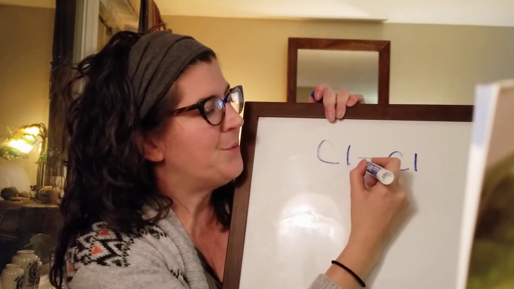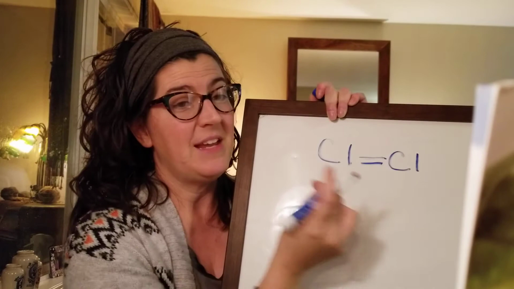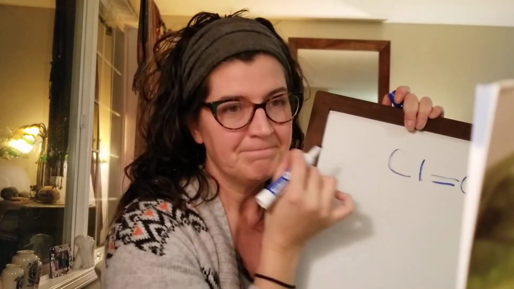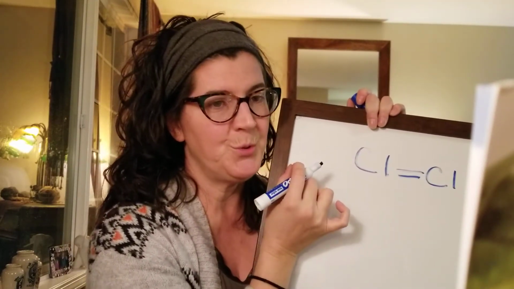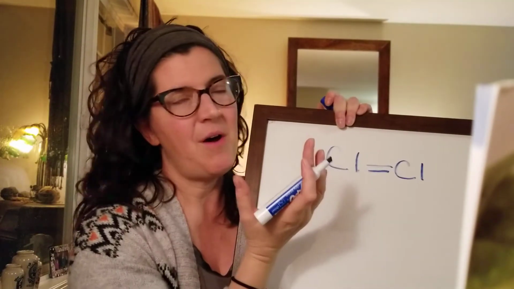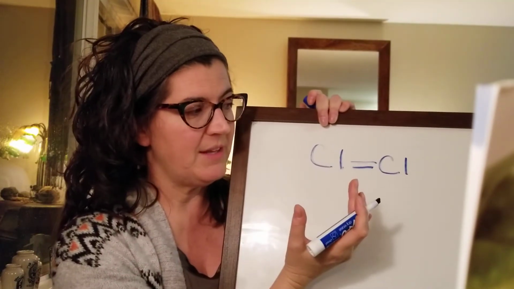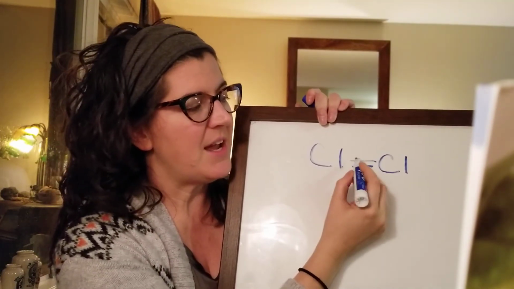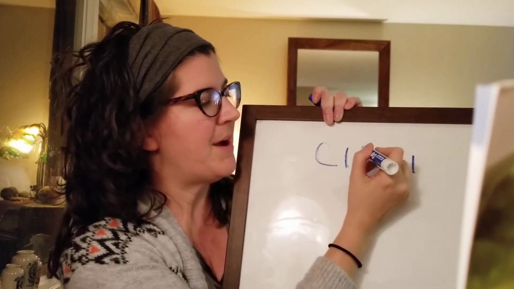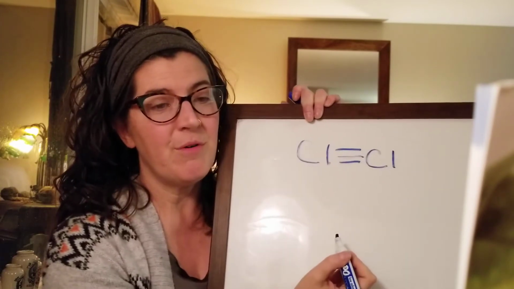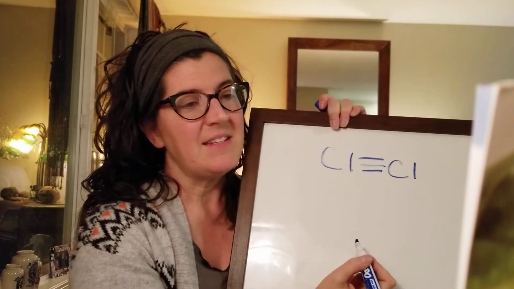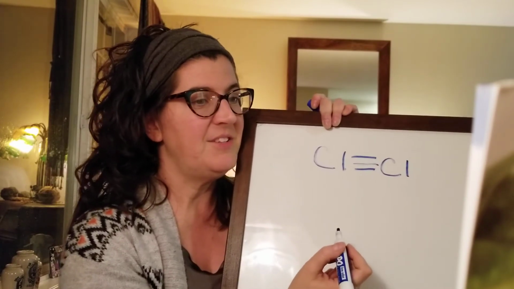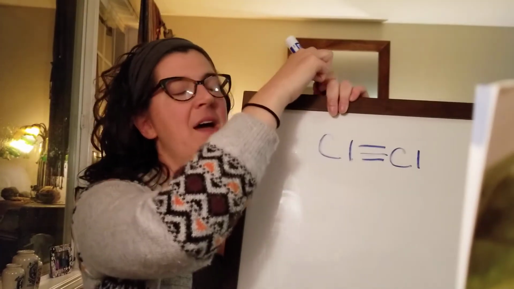If they have multiple, like they're sharing 2 electrons, they get a double covalent bond. You can have a triple covalent bond, and all it is is sharing multiple electrons.